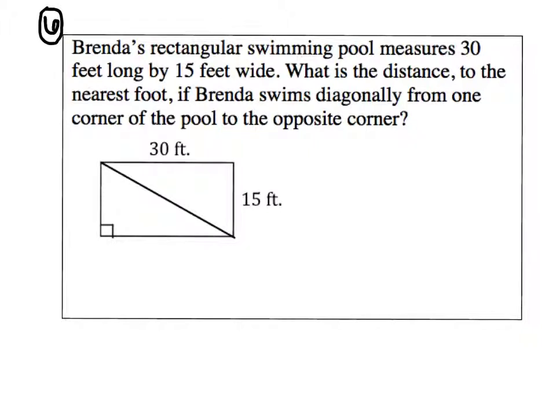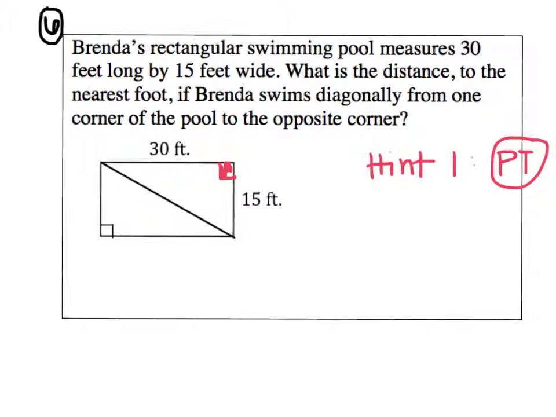I'd like you to pause the video, decide what kind of problem it is, and solve it. Hit play if you need a hint. Ready, pause. Hint number 1 is that this is going to be a Pythagorean theorem type problem because it is a right triangle. Pause the video, solve problem 6, hit play if you need another hint.